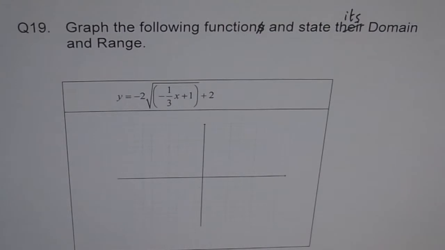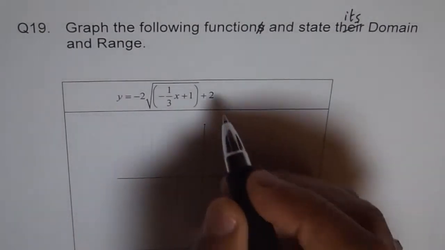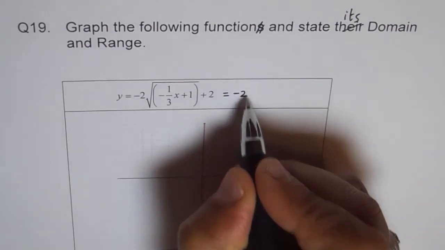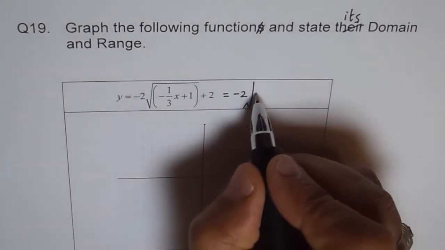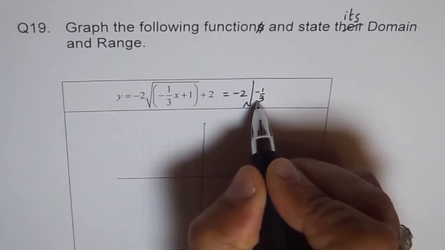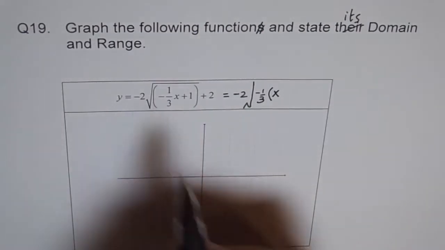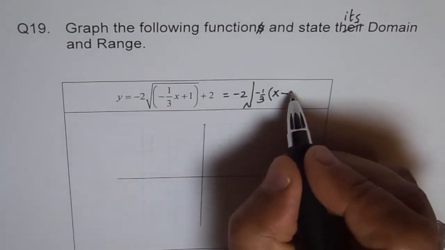The right way means the way which will help us use it for transformation. Let me do that part first. So we have y equals minus 2 square root of this. That should be equal to minus 2 square root of, factor out minus 1 over 3. If I factor out 1 over 3, then I'm left with x, and plus divided by minus is minus, and 1 divided by 1 over 3 will give us 3.